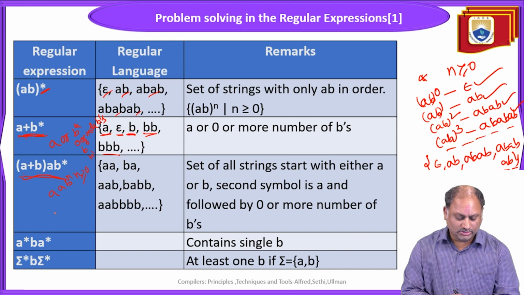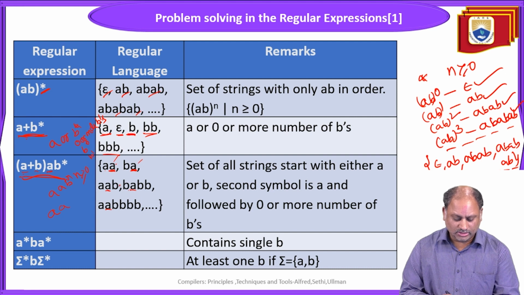So we may get either A or B as the first letter, and the second letter we get compulsorily A. So for each string, if you observe, the second letter is A only. The first letter, before the second one, is either A or B, and after this we may get several B's. In the first string B power 0 is epsilon, that's why it is not written.